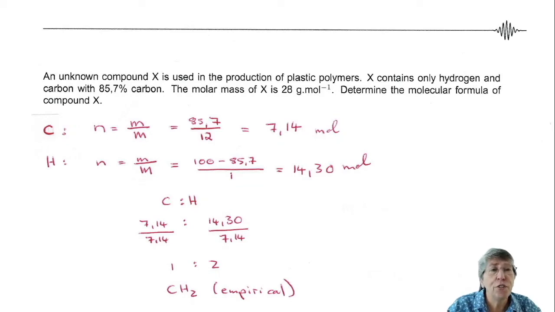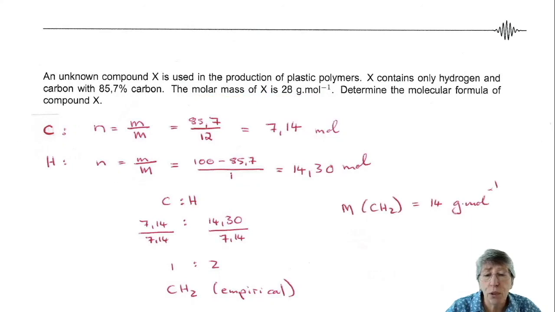But we are not finished. In this one, they tell us that the molar mass of X is 28 grams per mole. And now we have to determine the molecular formula. So the whole mass of the compound should be 28. Let's first see what is the molar mass of CH2. Now for CH2, if you work that out, that's only 14 grams per mole.